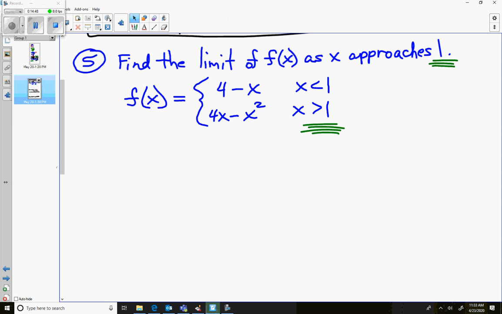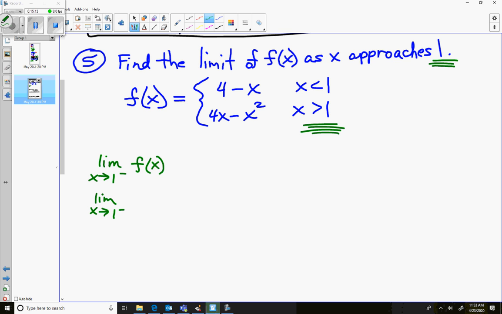So the way we do this, though, is we look at the individual pieces. What is the limit as x goes to 1 from the left for this function? And what is the function when we come from the left?